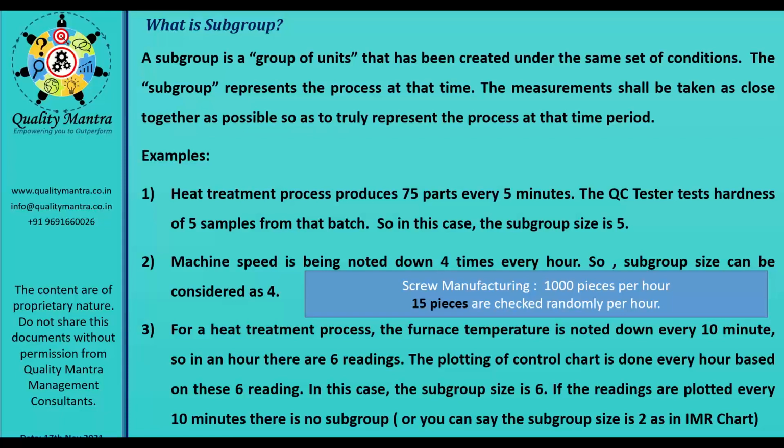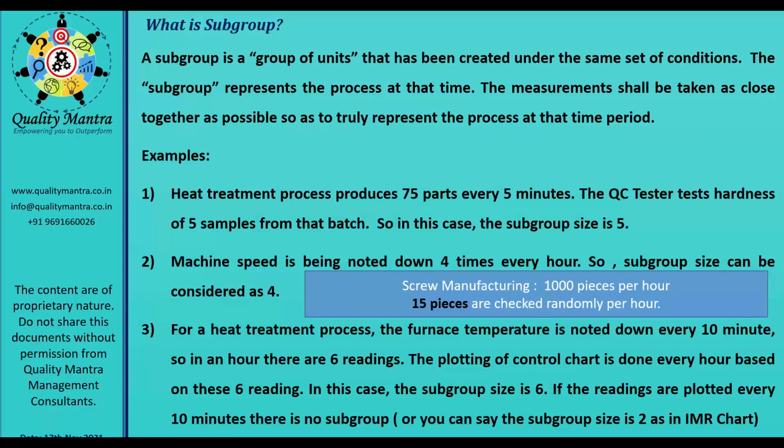You are calculating the range of the data from that. Of all these 5 points or 10 points that you collected, you will take the average of the subgroup, the range of the subgroup, or in case the subgroup is more than 10, you are going to take the standard deviation of the subgroup and then plot it on the graph.